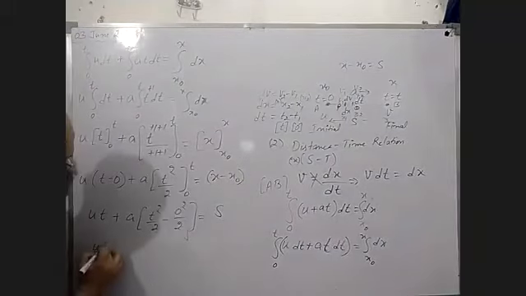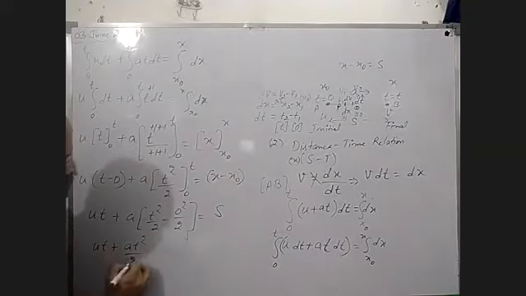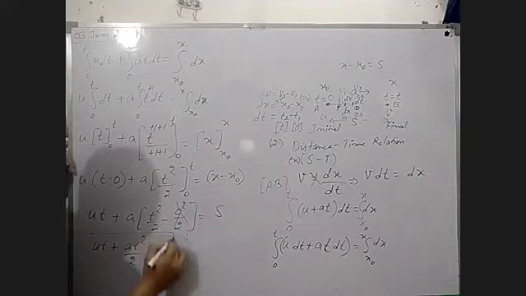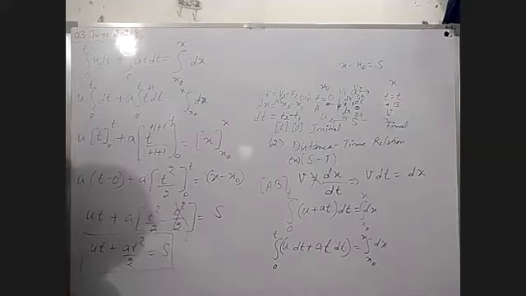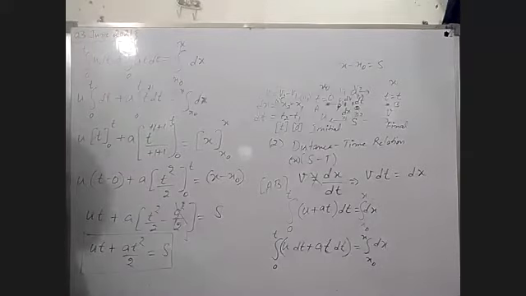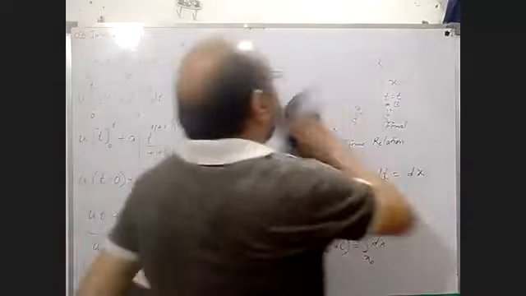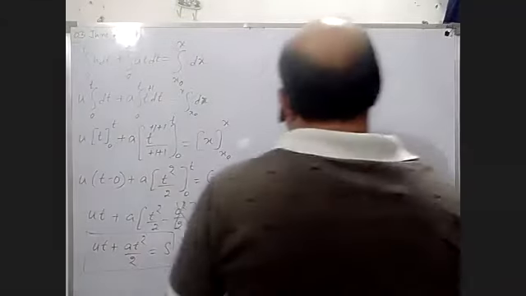Now ut plus the remaining thing, at square by 2, is equal to s. The 0 term will be ignored. Now this is your second equation. s is equal to ut plus half at square.